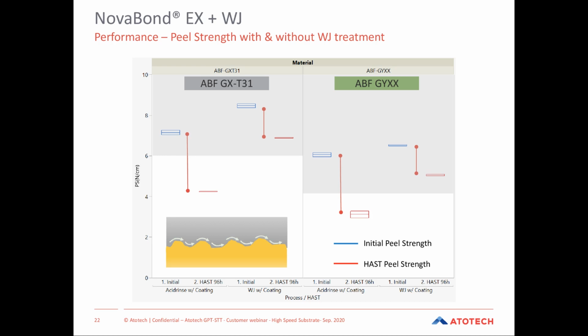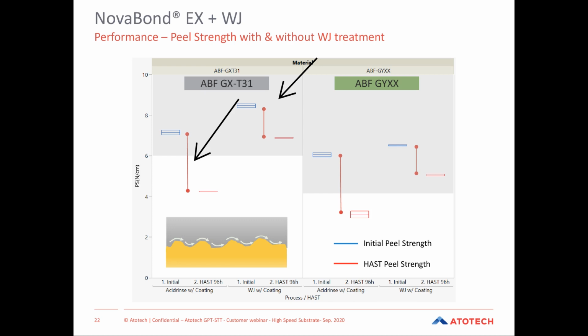For both cases, you could see how significantly the Novabond WJ process, I mean the WJ pretreatment, can influence the peel strength. Initially, maybe we can say not so much different, only 1 or 2 Newton per centimeter.